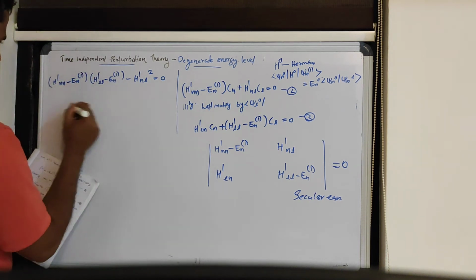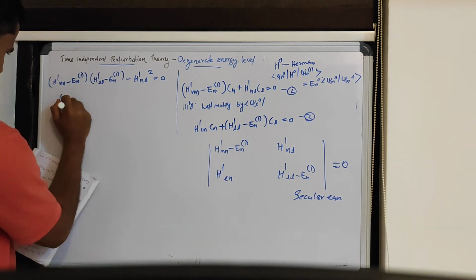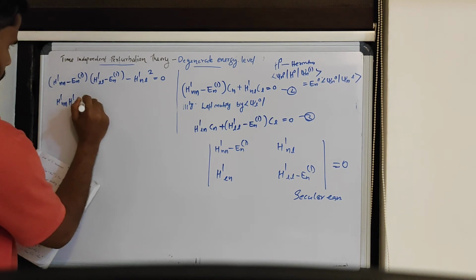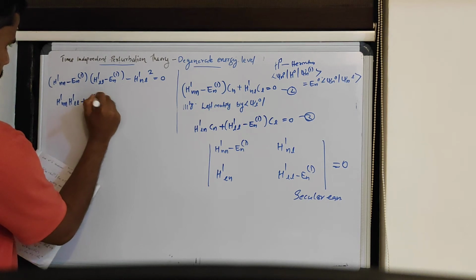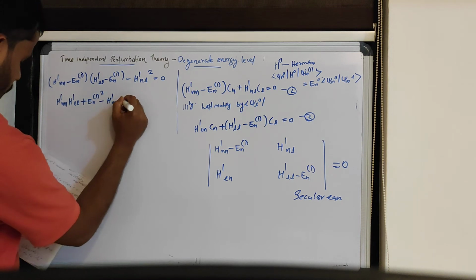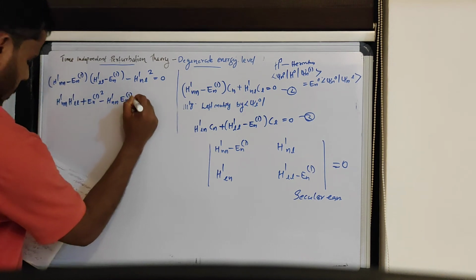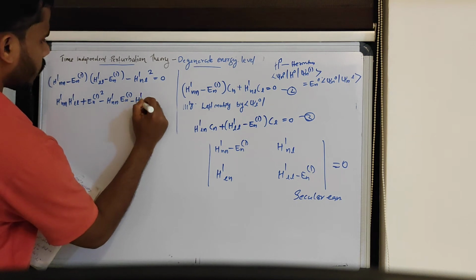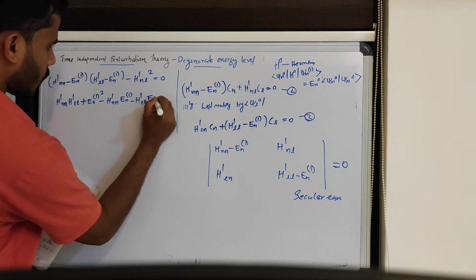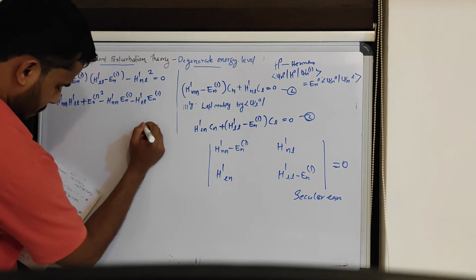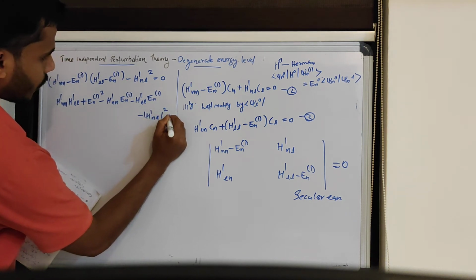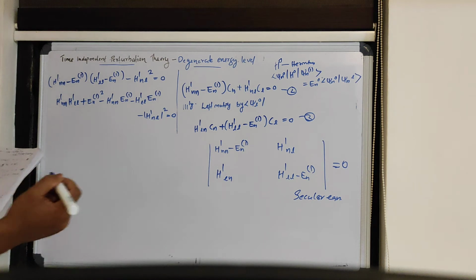This I can simplify by opening the bracket. It becomes h prime nn into h prime ll plus En1 square minus h prime nn En1 minus h prime ll En1 minus h prime nl mod square is equal to 0.